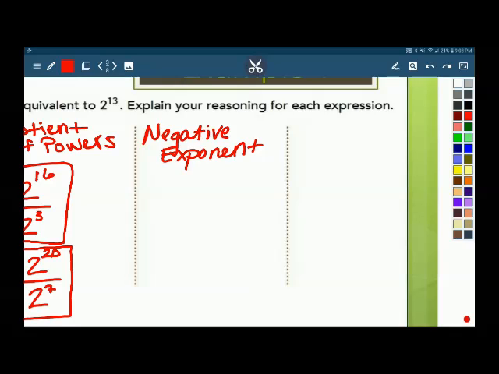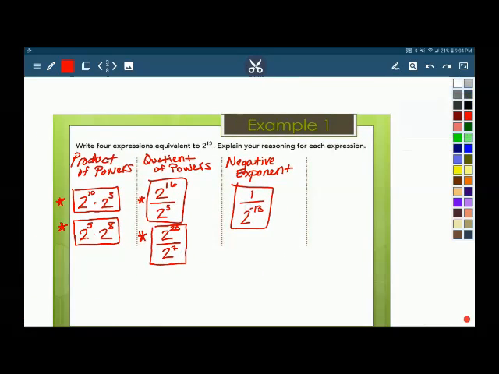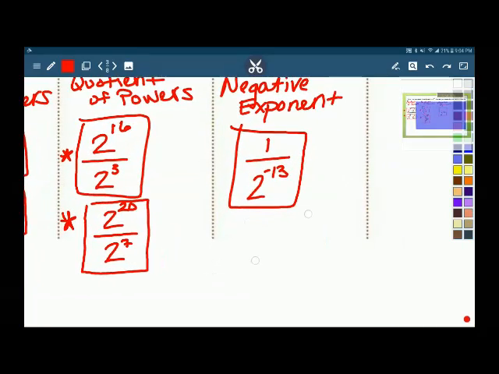So another equivalent expression to 2 to the 13th power, if 2 to the 13th can be written over 1, if we flip it and make the exponent negative, we would get 1 over 2 to the negative 13. That would also simplify to 2 to the 13th power. So all of these that I've written so far, that I've boxed, are equivalent expressions. They may look less simple than the original, but they are equivalent.